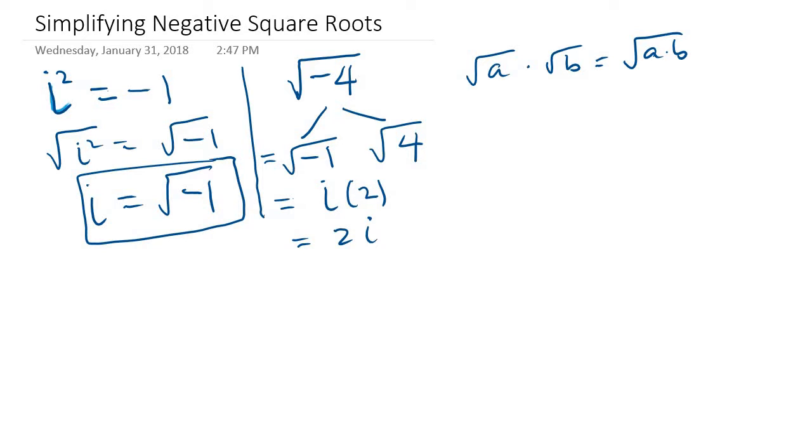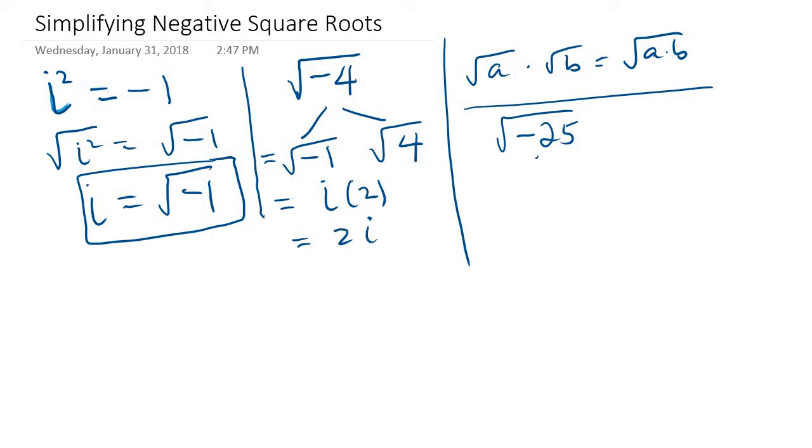All right, so now let's do a little more, for example, the square root of -25. That will be the square root of -1 times the square root of 25. So this is i times the square root of 25, which is 5. So i times 5 is 5i. As you can see, we can continue to do more of this kind of numbers.